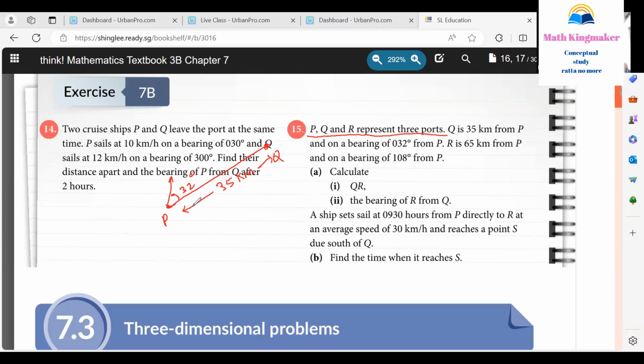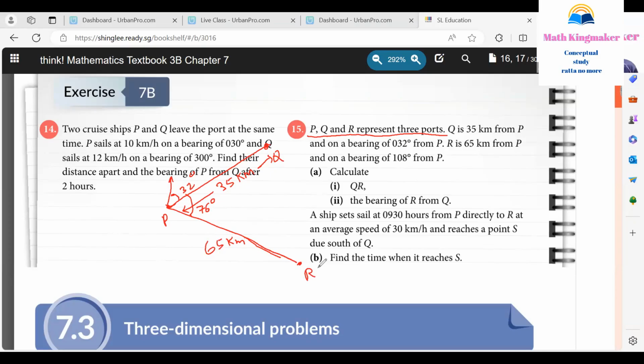Now R is 65 kilometers from P on a bearing of 108. So the bearing of 108 would be somewhere here. That means this angle is 76. This distance is 65 kilometers. So this point is R.